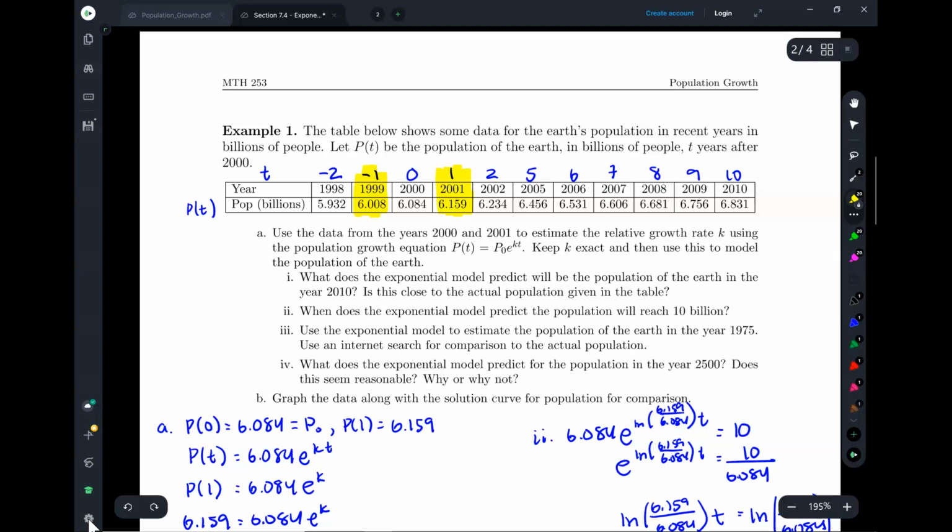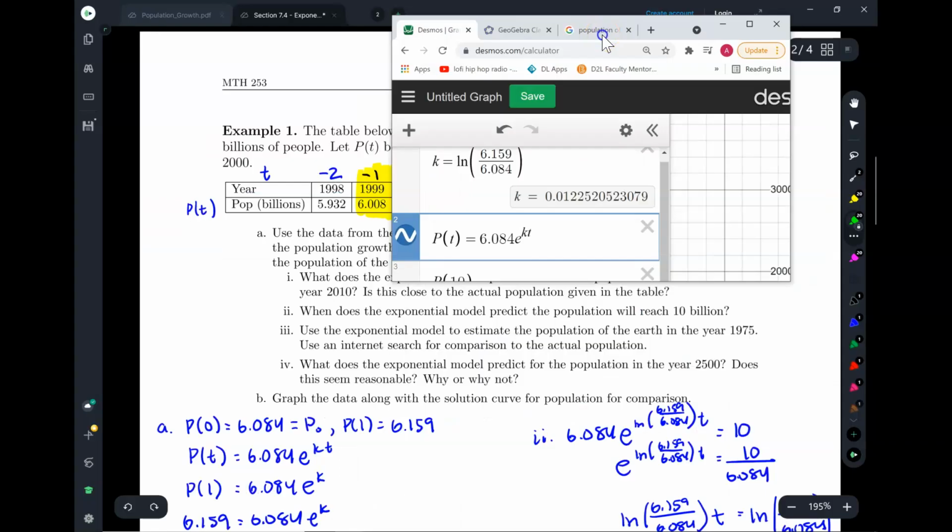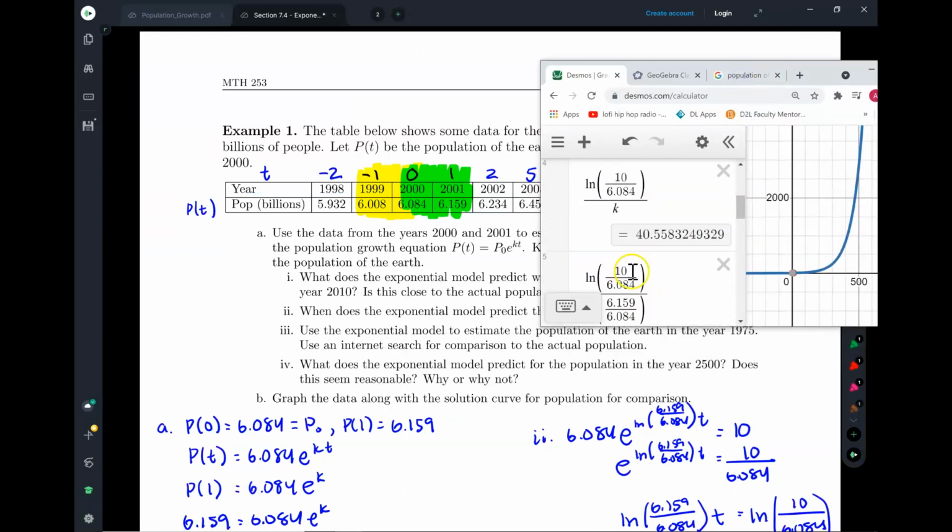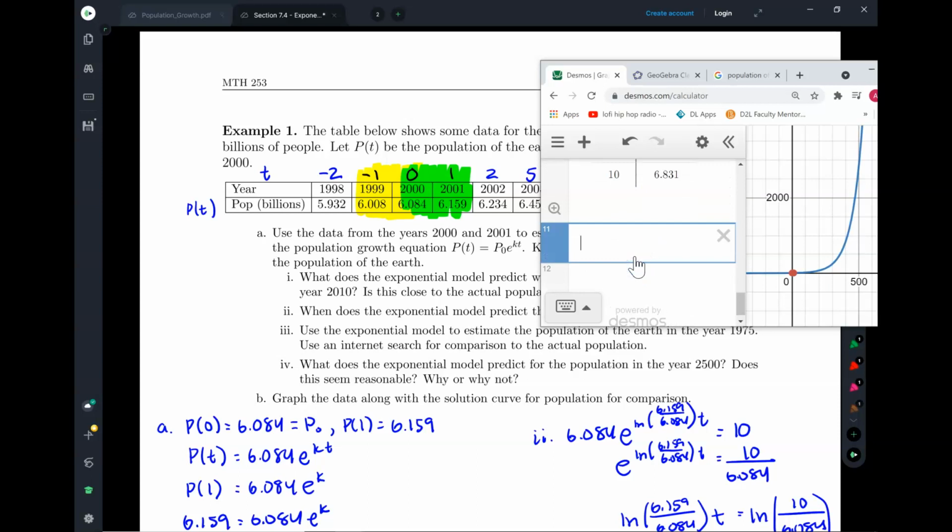So what you could do is find the average growth rate from 1999 to 2000, and then the growth rate from 2000 to 2001, and then average those growth rates. I'll do that in Desmos really quick to show you what that would look like if you're curious as to how to calculate other values of k.